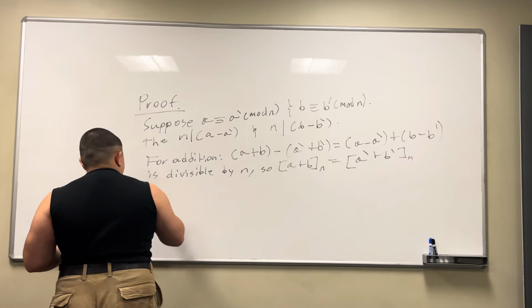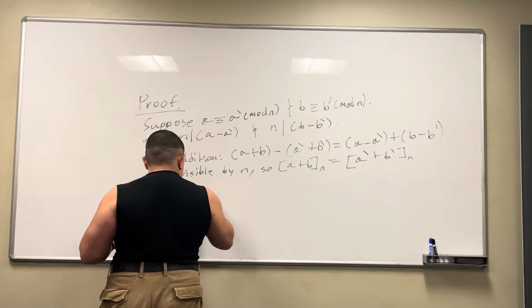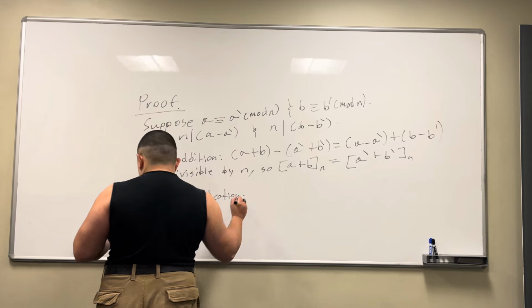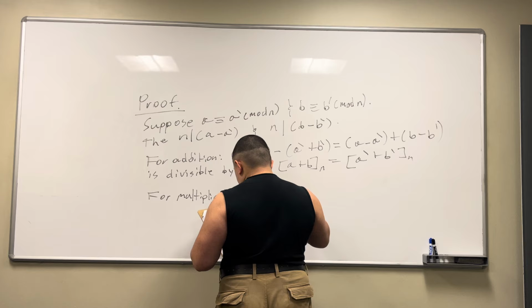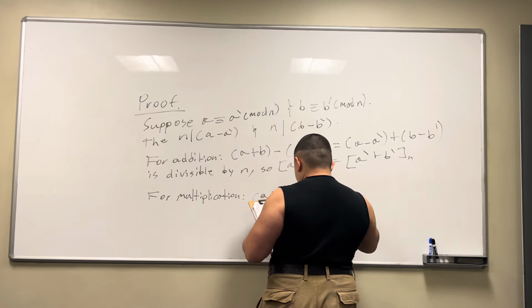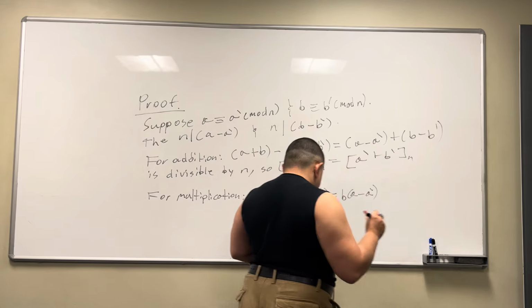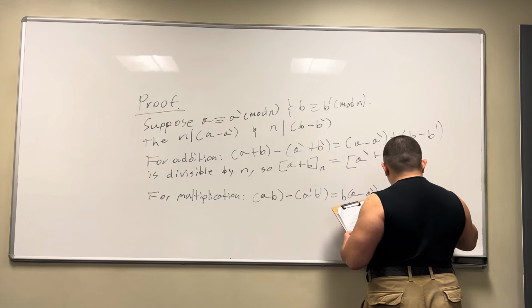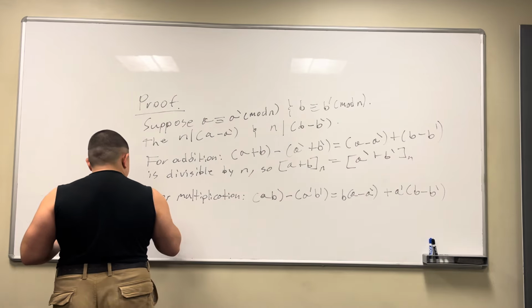Right. For multiplication, AB minus A prime B prime is equal to B times A minus A prime, plus A prime times B minus B prime, which is what?